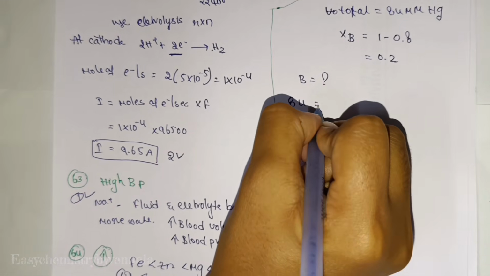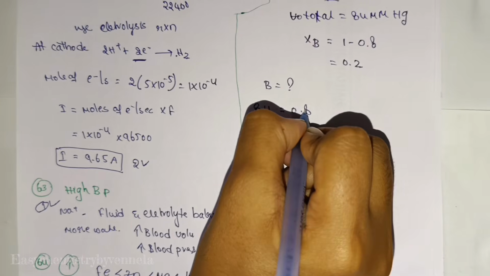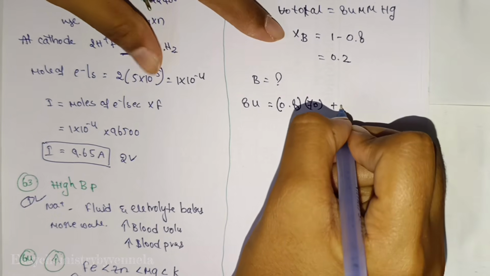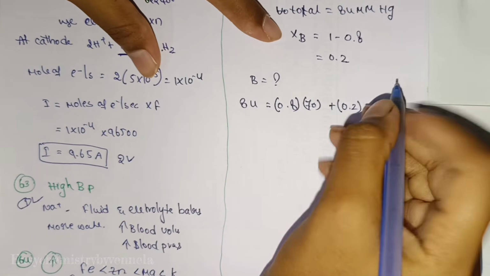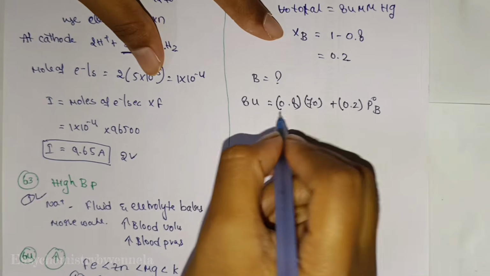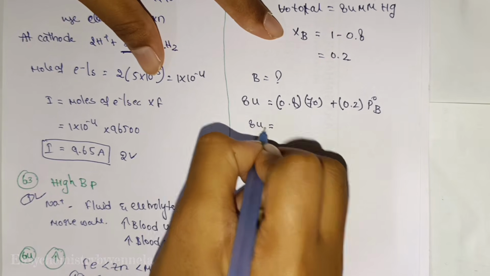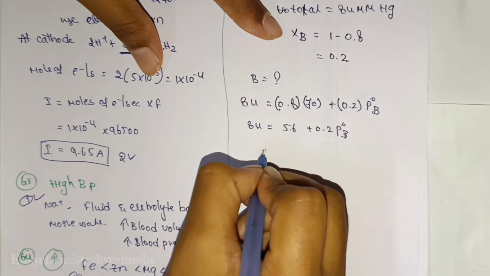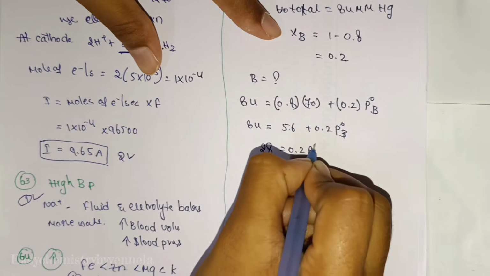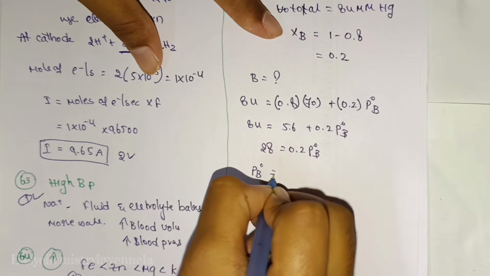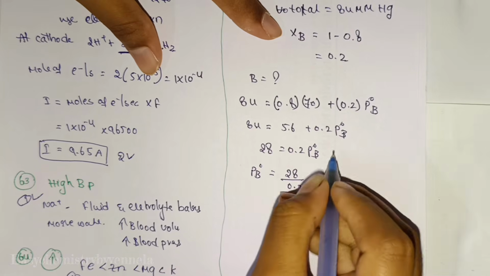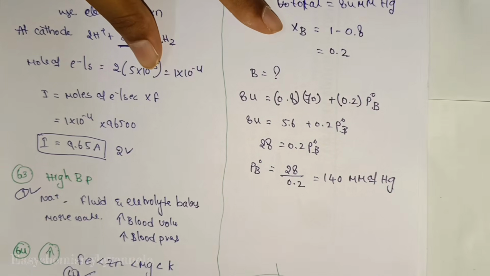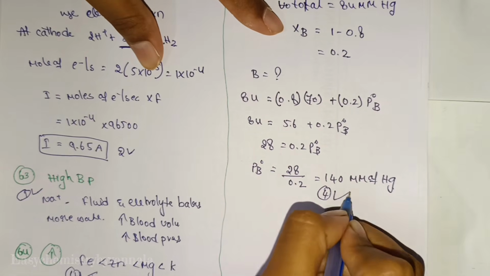P total, 84, is equal to mole fraction of A 0.8 into vapor pressure of A, 70, plus mole fraction of B 0.2 into vapor pressure of B. So 84 is equal to 56 plus 0.2 P of B. Next, 28 is equal to 0.2 P of B. Vapor pressure of B is equal to 28 by 0.2, which is 140 mm of Hg. So in this, the fourth one is the correct option.